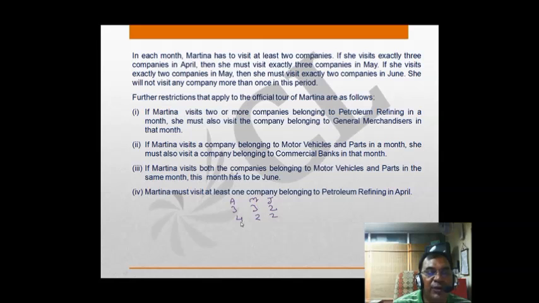So it can also be, these 2 are given, 2, 4, 2, 3, 3. So these 4 combinations are made.